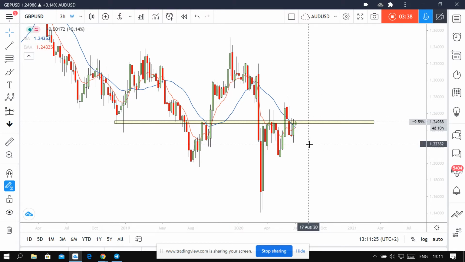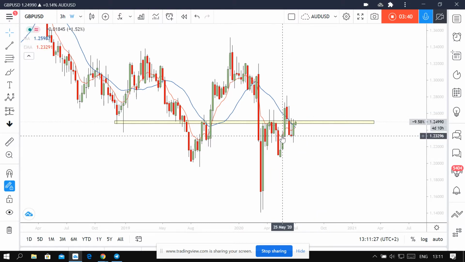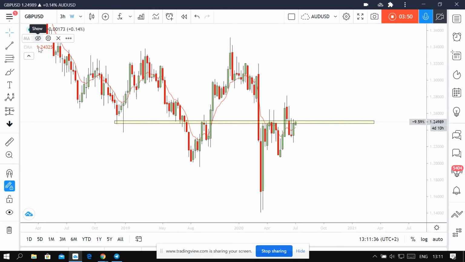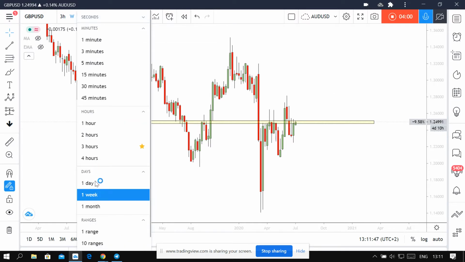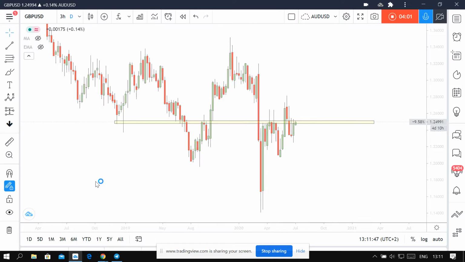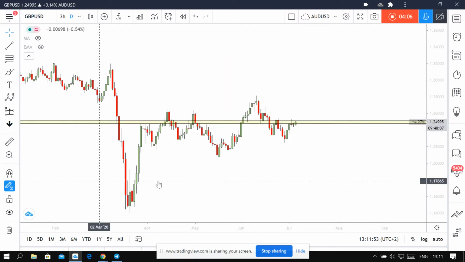We can see price is currently above both my EMA as well as my simple moving average, right? So if I see price trading above my moving averages, we clearly have a long bias, right? But one thing I want you guys to keep in mind is that price is currently at a weekly resistance or a resistance area.